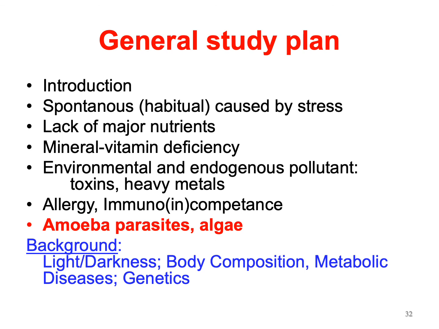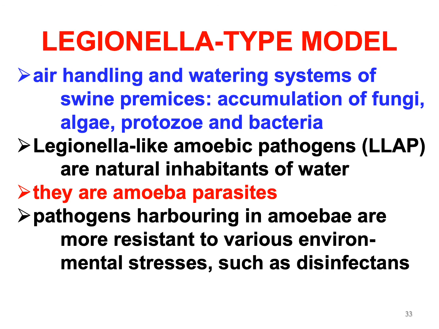In the general study plan, we arrived to the amoeba parasites and algae-related problems. This is the so-called Legionella type model, showing that in some cases the real pathogen is living as a parasite in some amoeba organisms, and in this way they can be highly resistant.